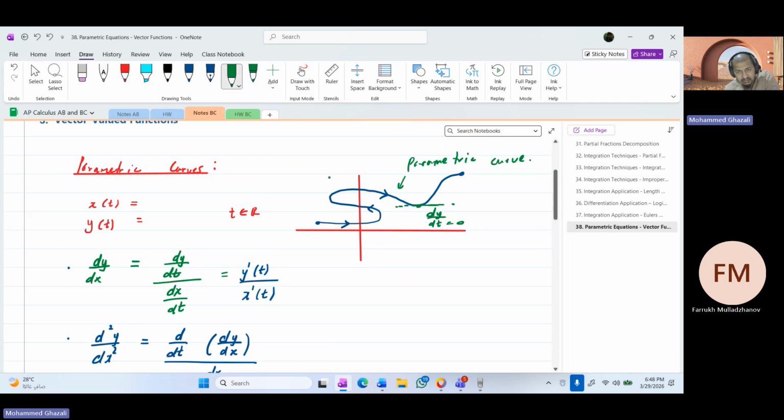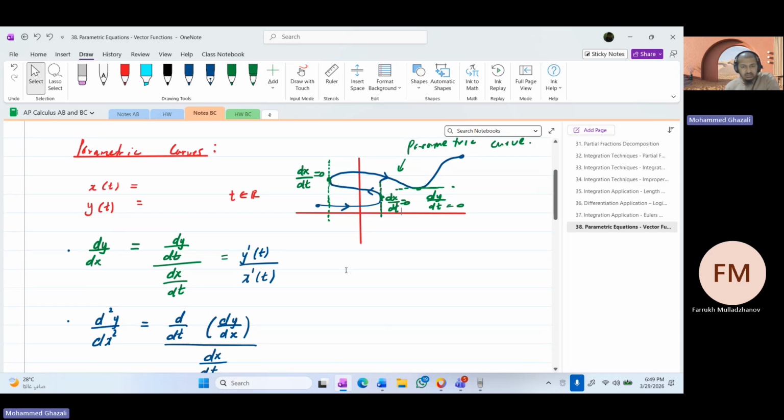Can you see? This point here. There's a vertical tangent. And maybe you can find another point here. You can get multiple vertical tangents to curves. So this is a point where dx dt is equal to 0. So those are vertical tangents. This is a horizontal tangent. And so it's quite simple.